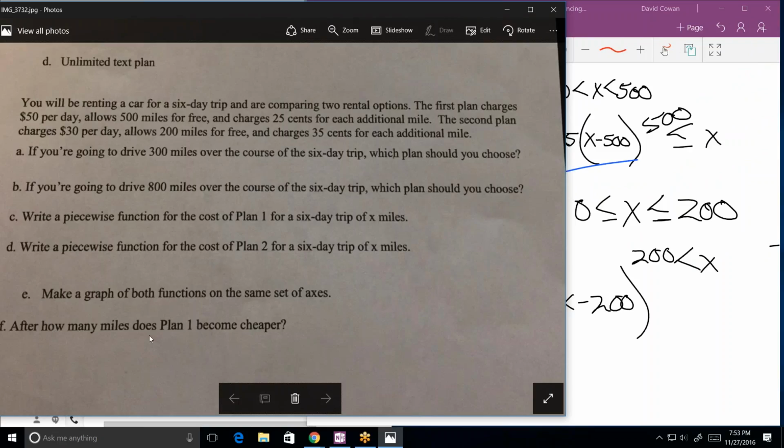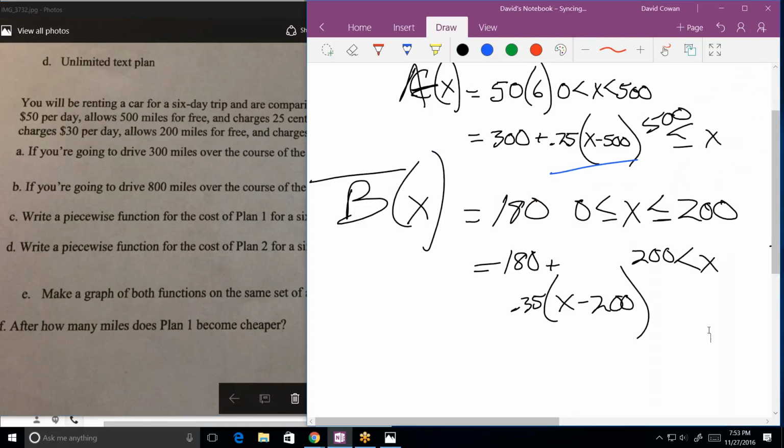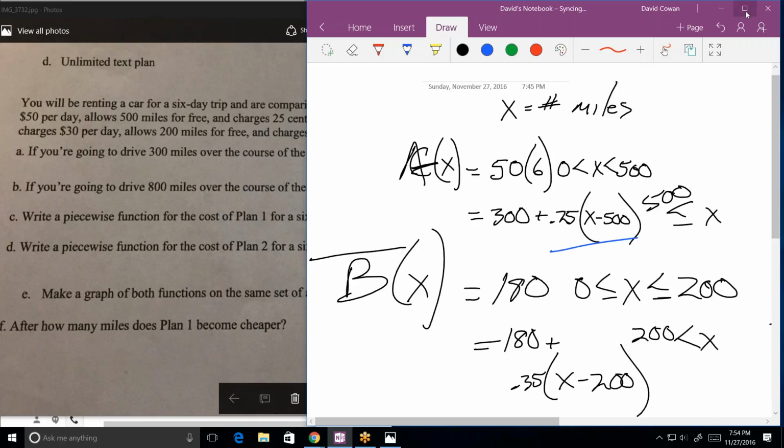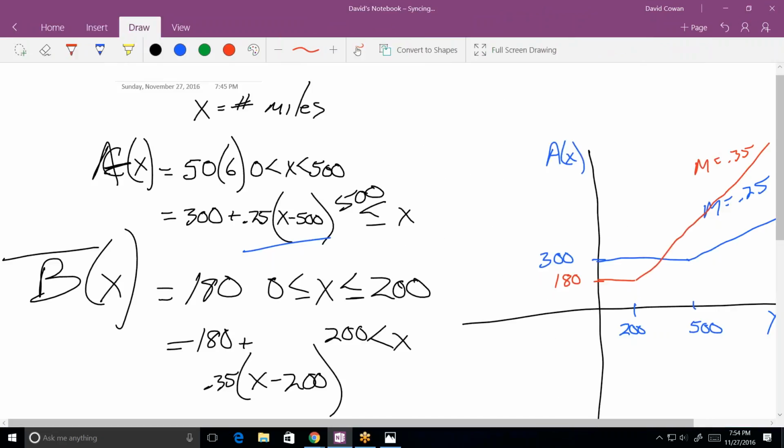After how many miles does plan 1 become cheaper? Well, if I look at my graph, this point right here, is it not? So how do I figure out what that point is?